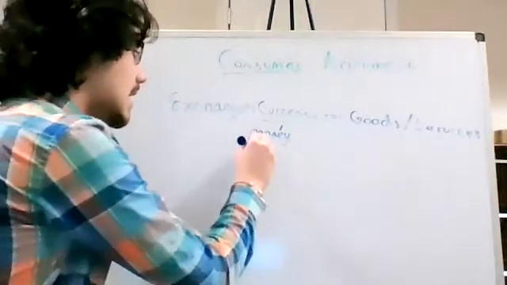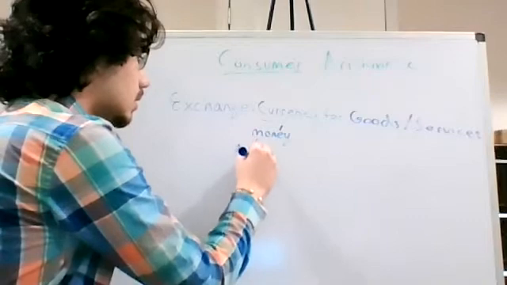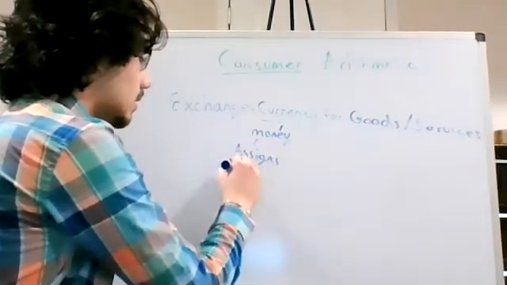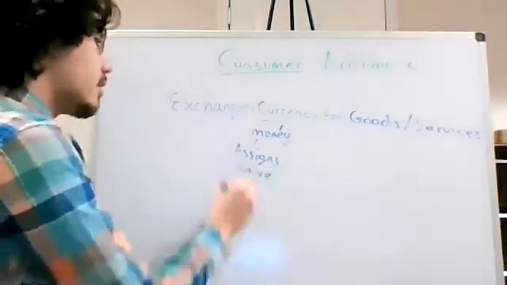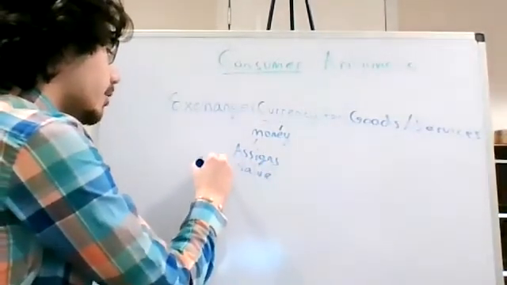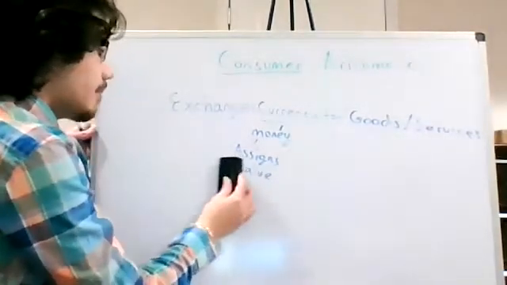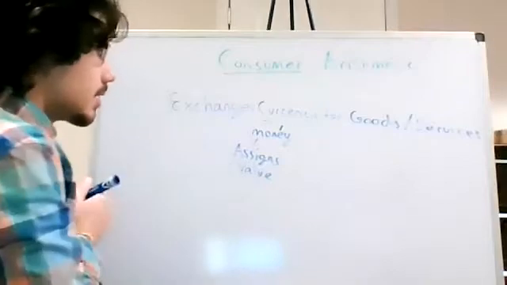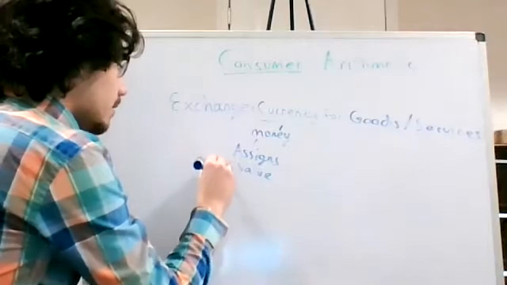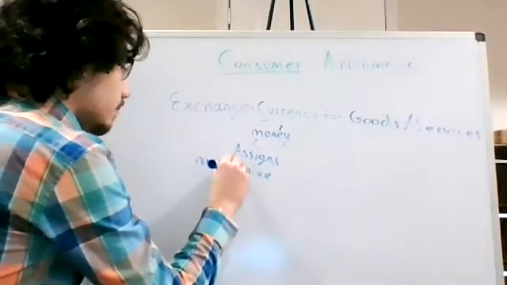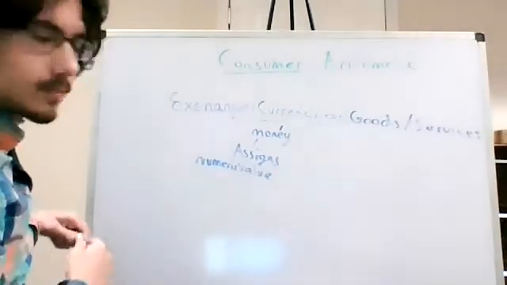Because what money does is it assigns value. Not just any value, assigns numeric value. And this is important because we can assign a number to the value, it is what allows us to do all this math. So numeric value.